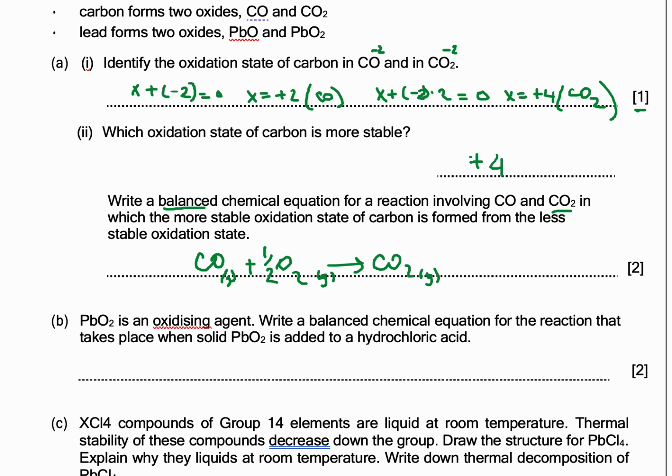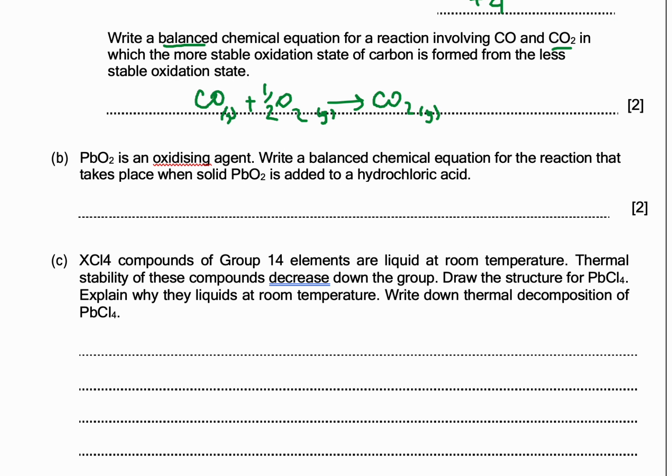Next question. Lead dioxide is an oxidizing agent. Write a balanced chemical equation for the reaction that takes place when solid lead dioxide is added to hydrochloric acid. Here lead dioxide is the oxidizing agent, so it will be reduced. So PbO2 plus HCl equals.